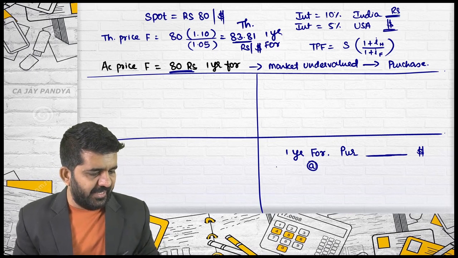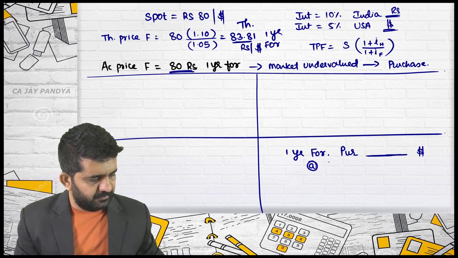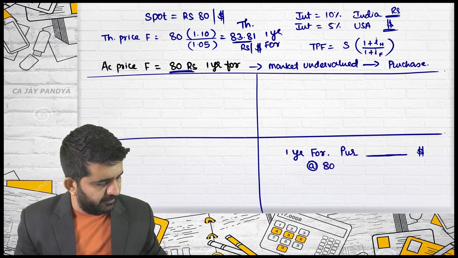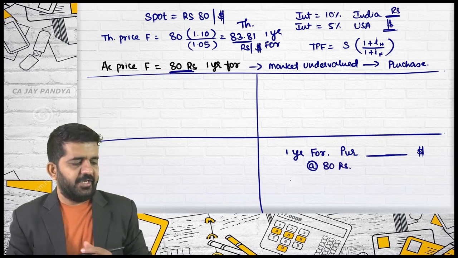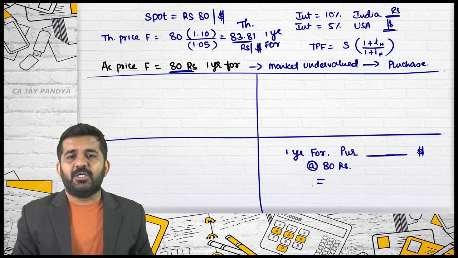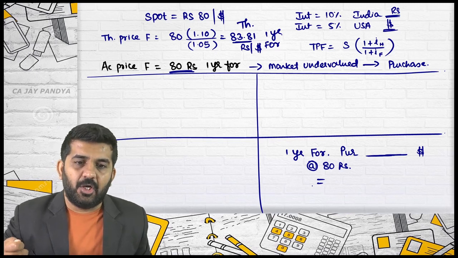At the rate of what? 80 or 83.81? 80. Because you cannot purchase at 83.81. How many dollars, that I'll be doing afterwards.